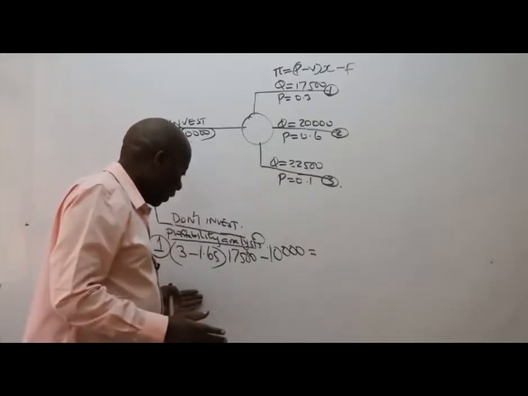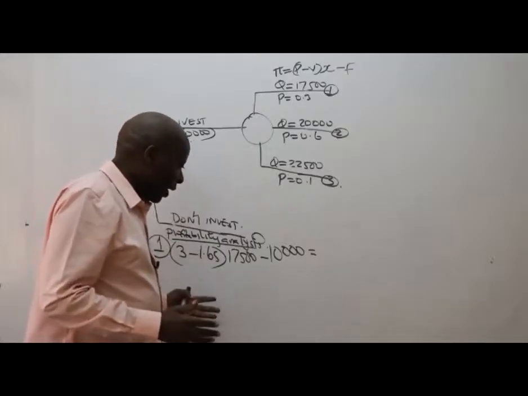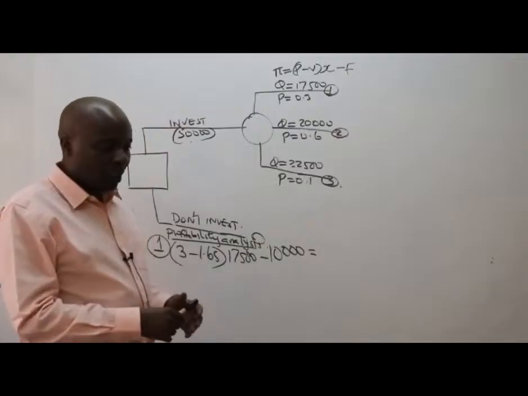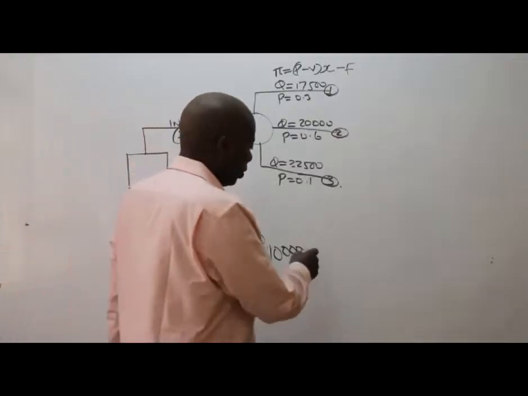So, in brackets, 3 minus 1.65, close, times 17,500, minus 10,000. What figure are we getting? As Steve tells me, it is 13,625.